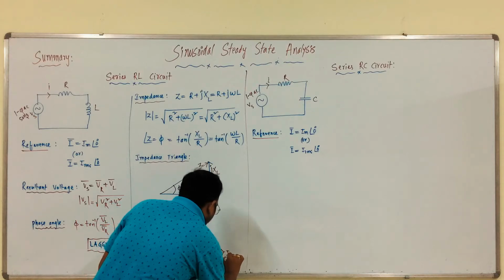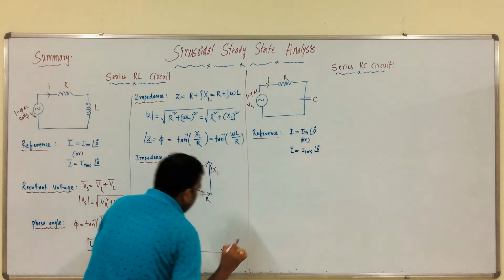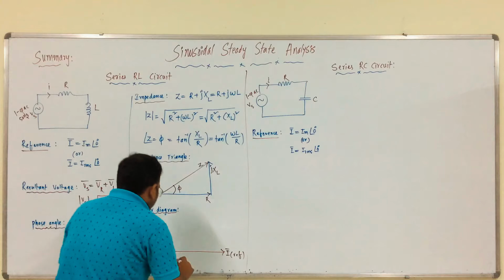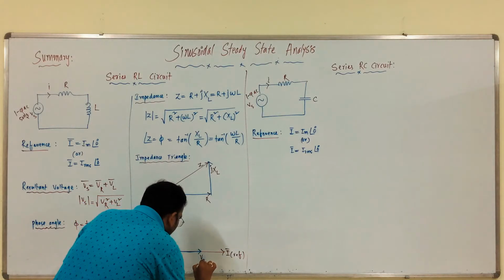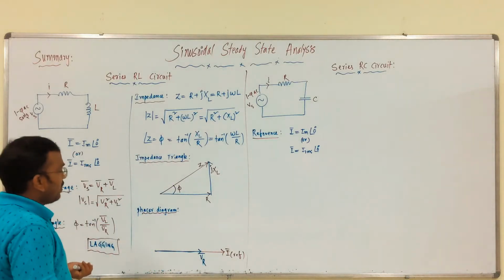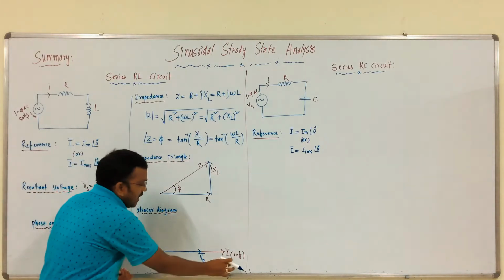So this is what I took as reference. Therefore, this is VR, right? The voltage across a resistor is always in phase with current, clear.